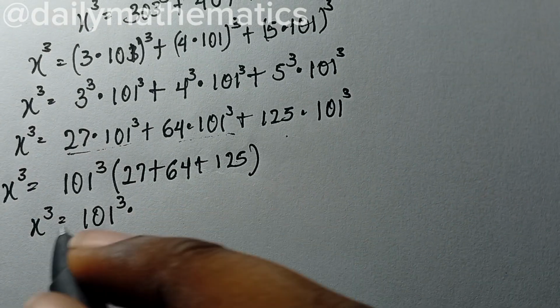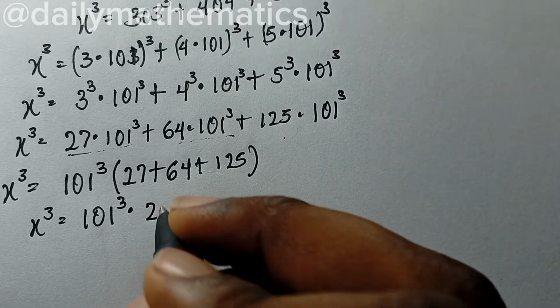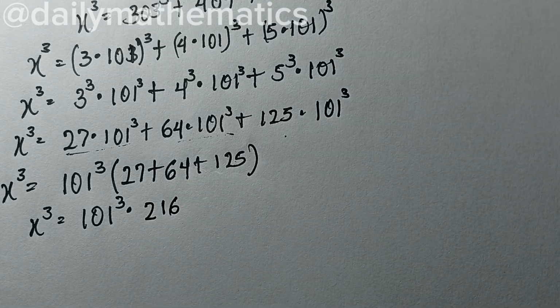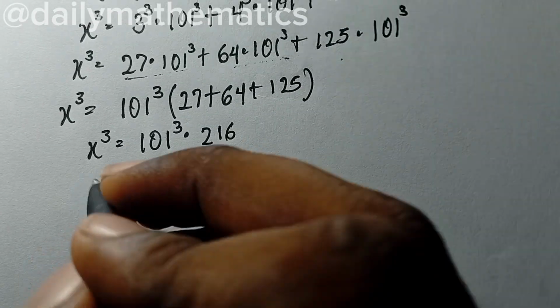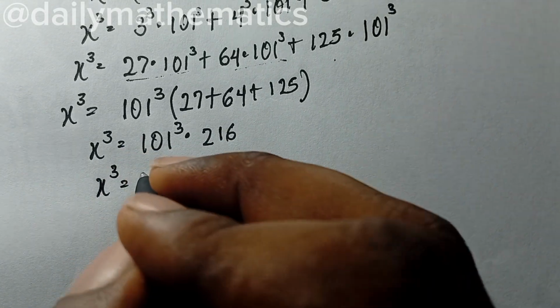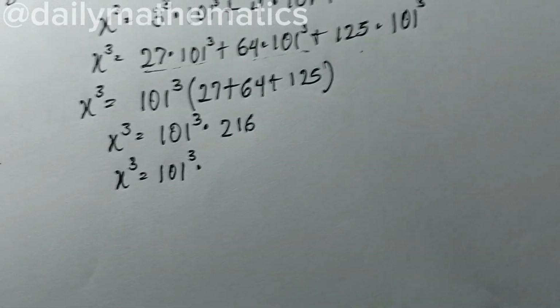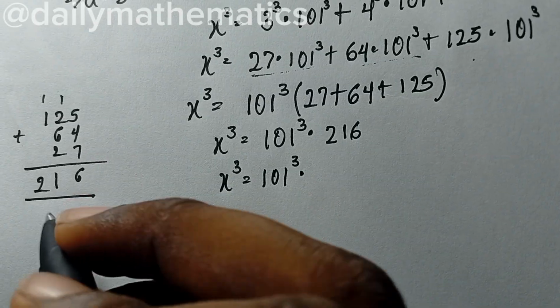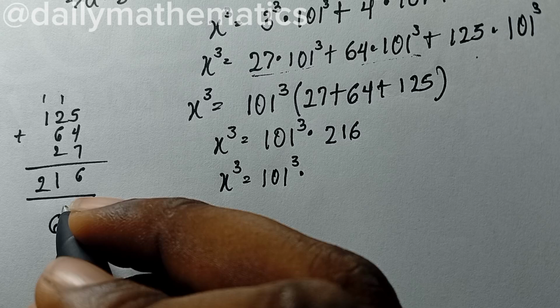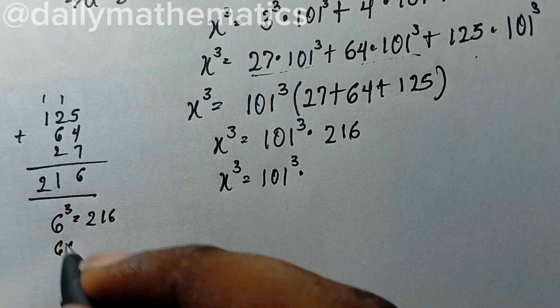So we have x cube equals 101 cube multiplied by 216. So from here, what are we now doing? We have x cube equals 101 cube multiplied by 216. Remember 216, if we have 6 cube, is equal to 216, meaning 6 multiplied by 6 multiplied by 6.